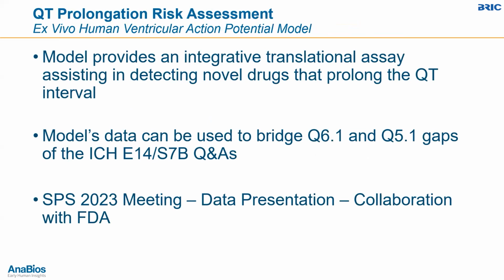And again, if you and any of your colleagues are attending the annual meeting of the Safety Pharmacology Society in September next month in Brussels, we will present data that we generated as part of the collaboration with the FDA when it comes to the ventricular action potential model.